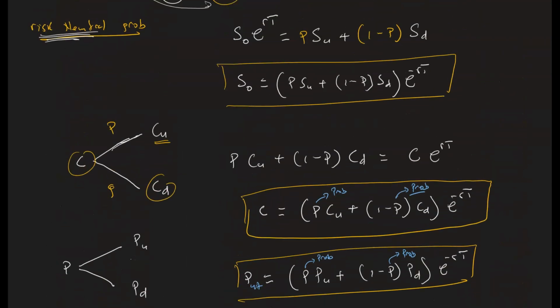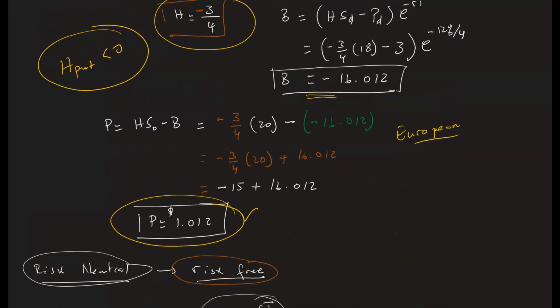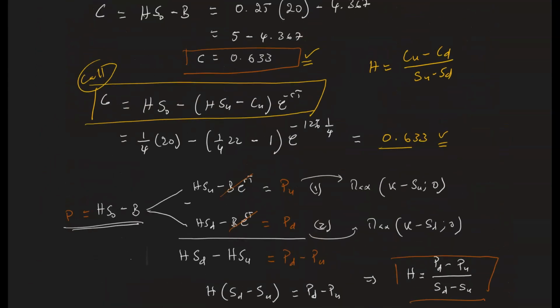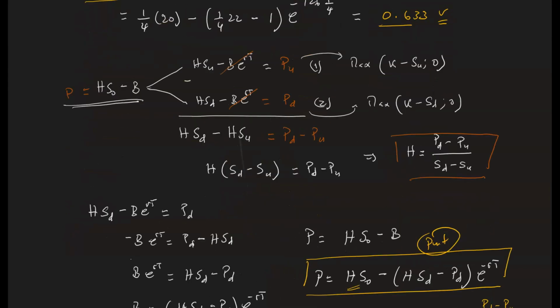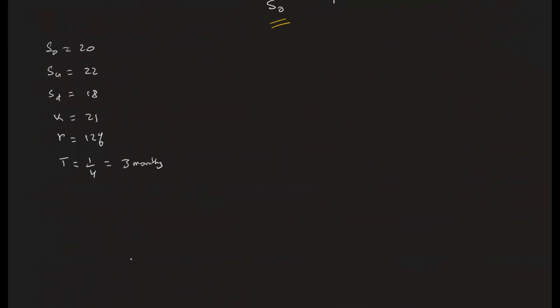Early on, what we were able to find is the value of the call. The value of our call option was equal to 0.633. So our call value is going to be equal to 0.633, and that's what we need to verify.